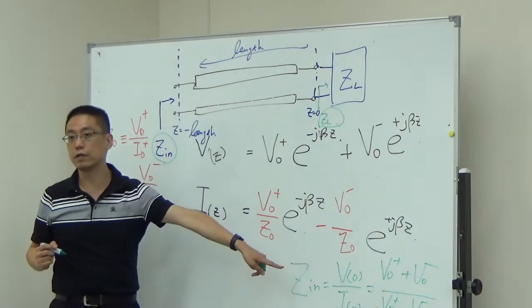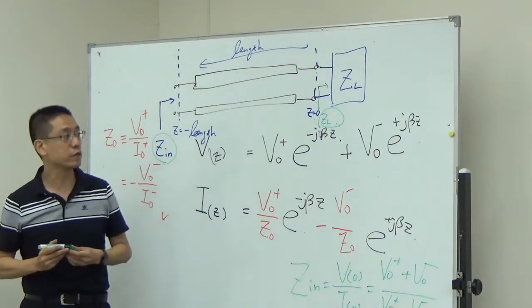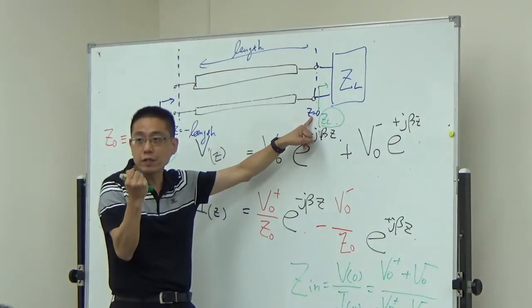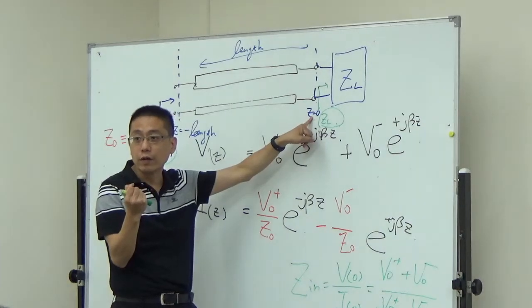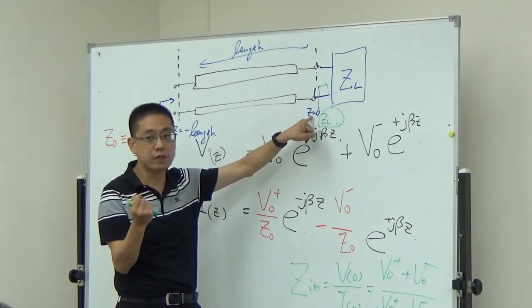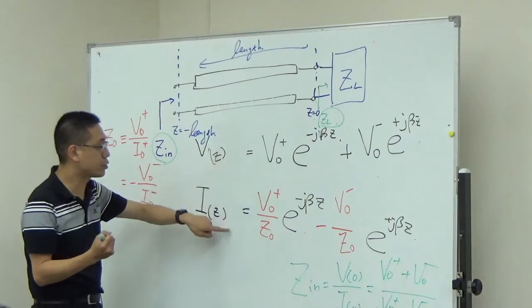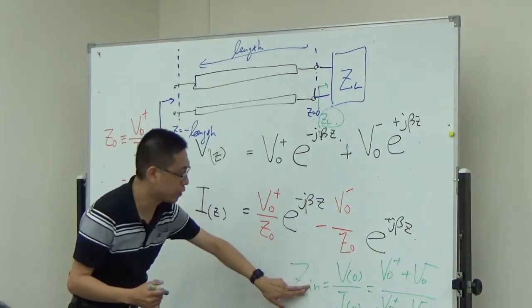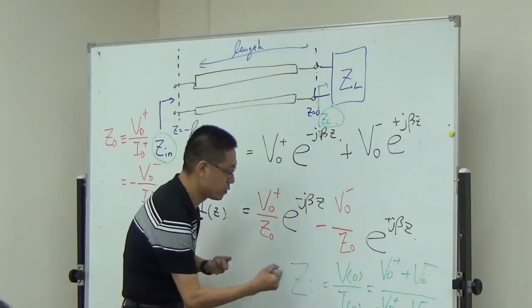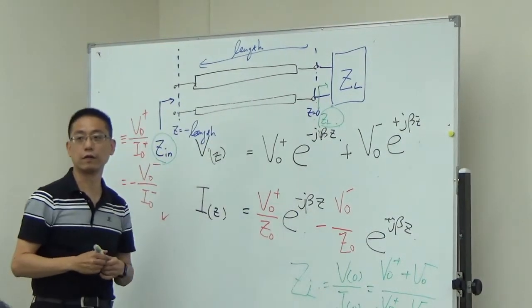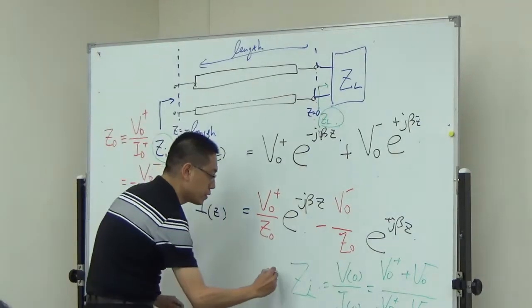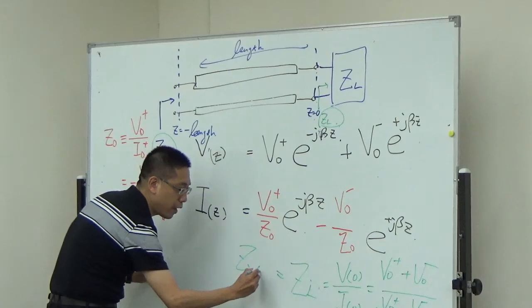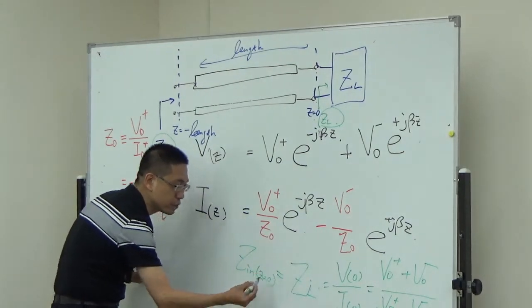Can you see the equation? Because we define here as your position z equals 0, you put z equals 0 into these two equations. ZL is the Z in if z equals 0.